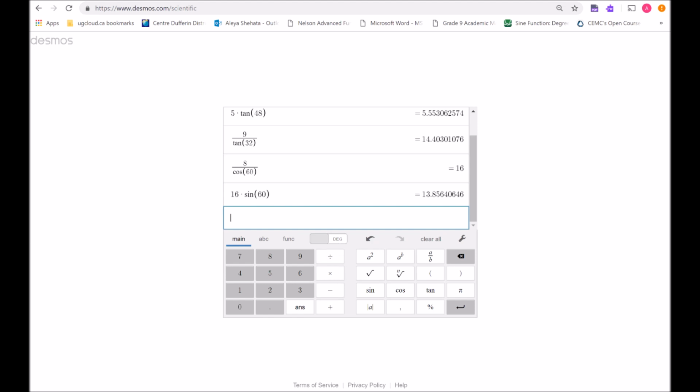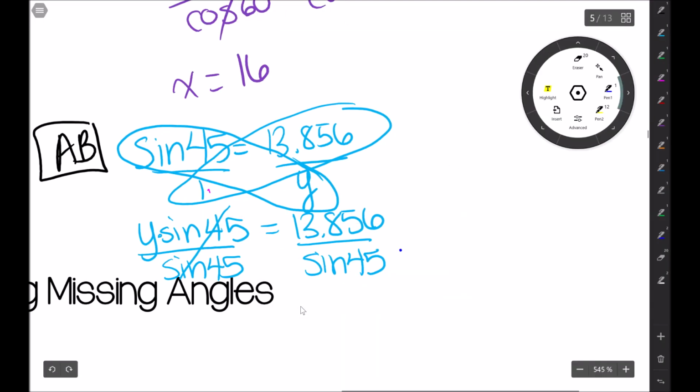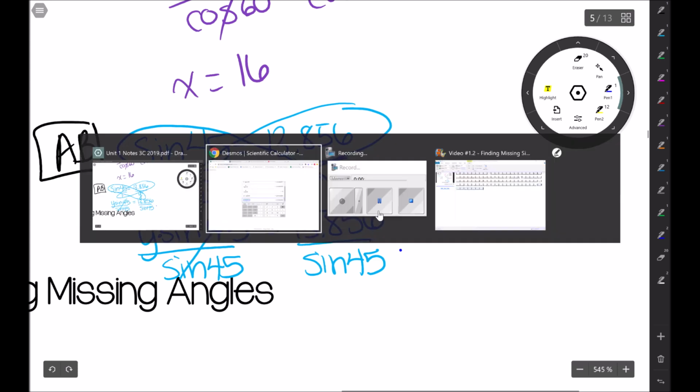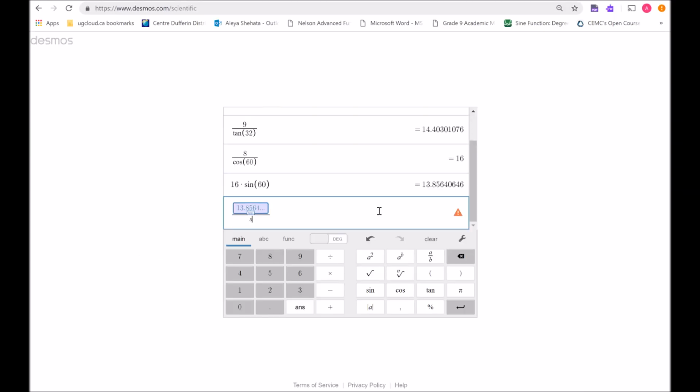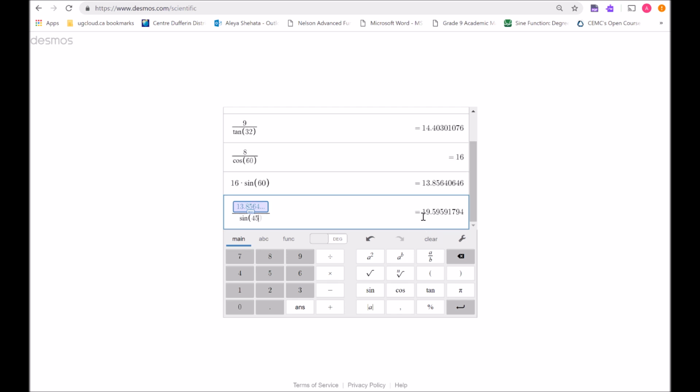Now, when I type it into my calculator, I would rather use the previous value that I have here. So I'm just going to take my answer as opposed to typing in 13.856 because this is a rounded and approximate answer. And then I'm going to divide that by sine of 45, and I get this answer, 19.595.